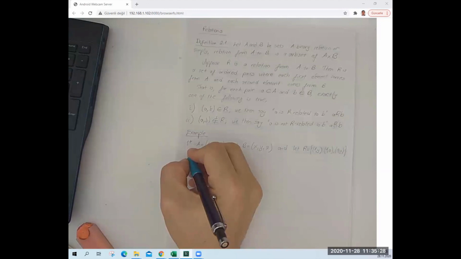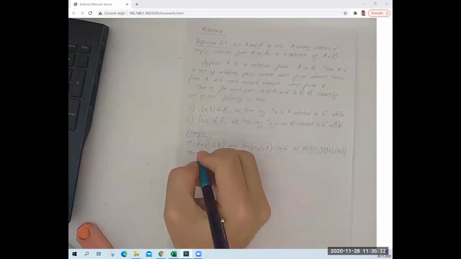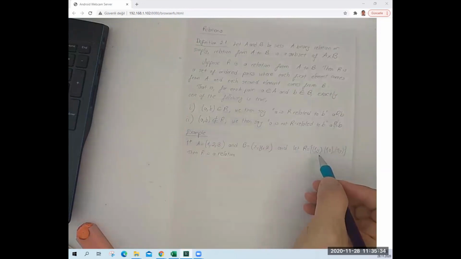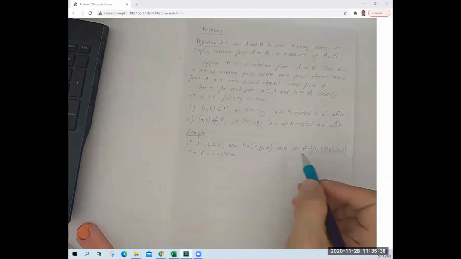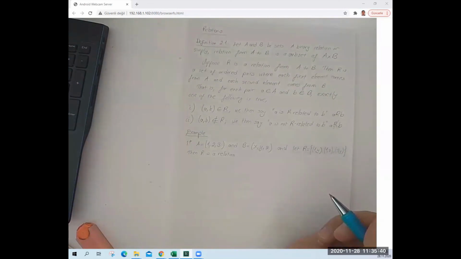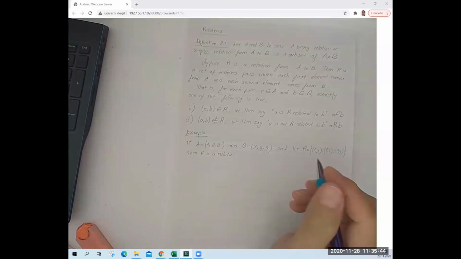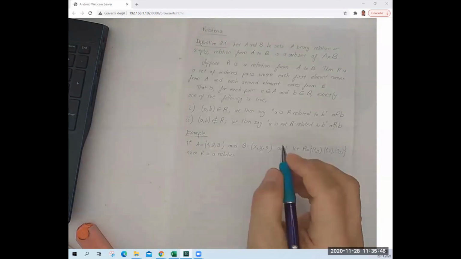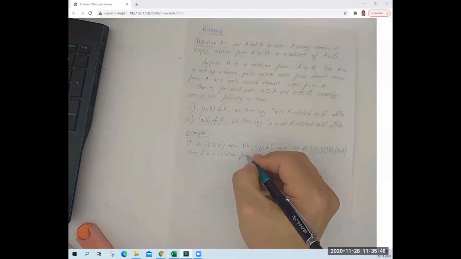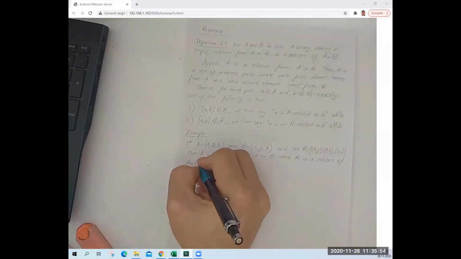Because the first element of the pair belongs to set A, it is a relation from A to B, because R is, of course, a subset of A product B, right?